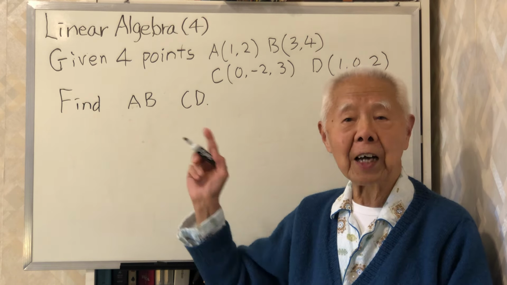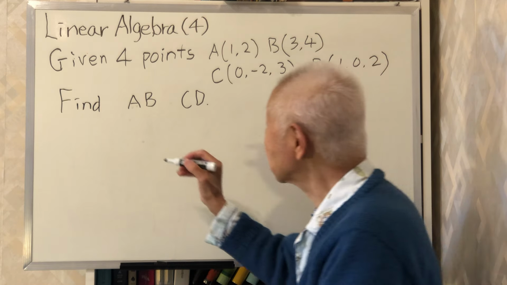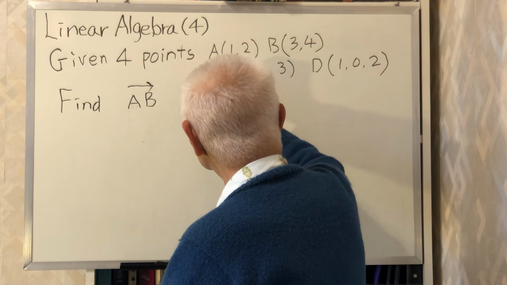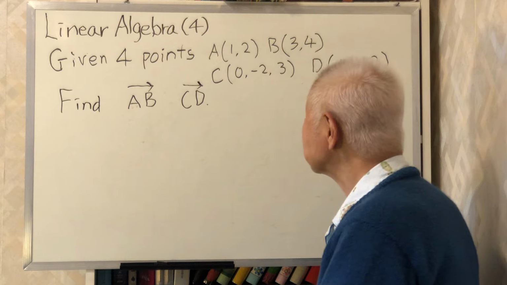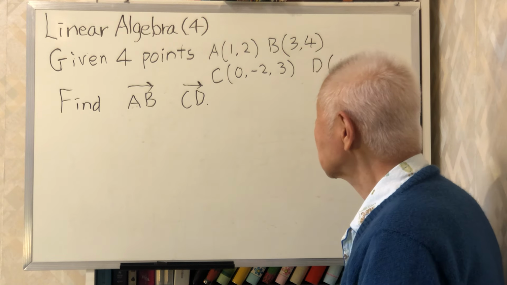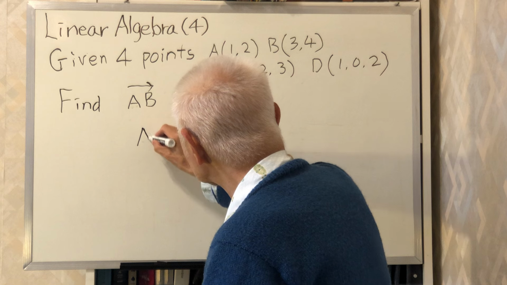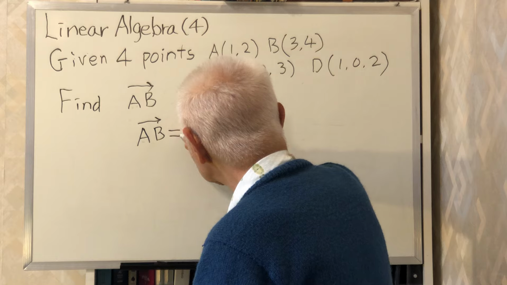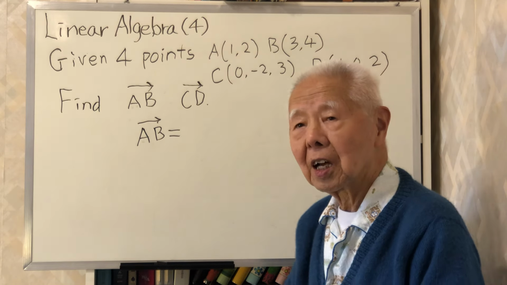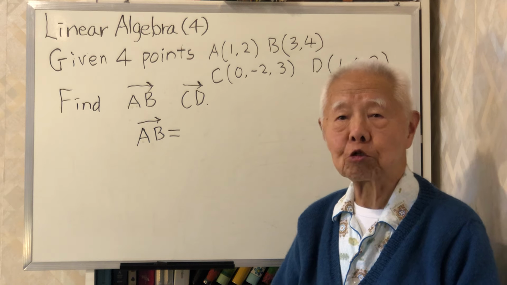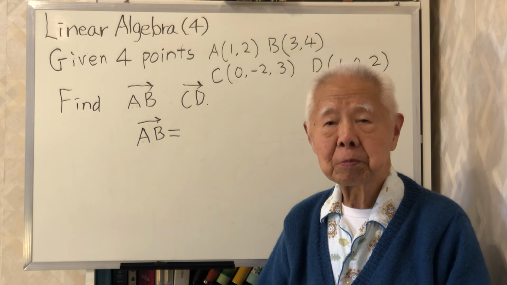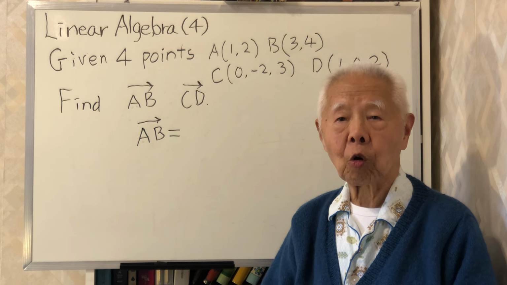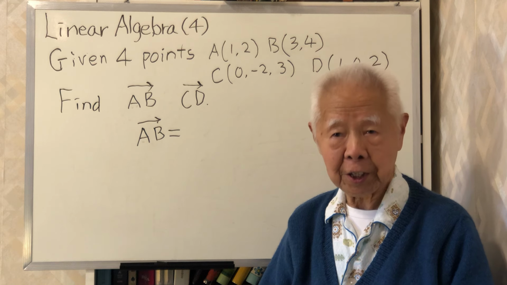And I want to find these 2 vectors. AB is from A to B. The vector AB are the coordinates of point B subtract the coordinates of point A.